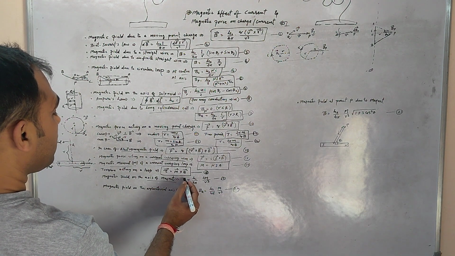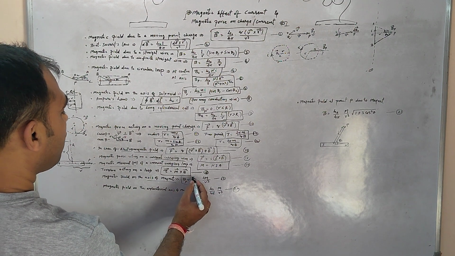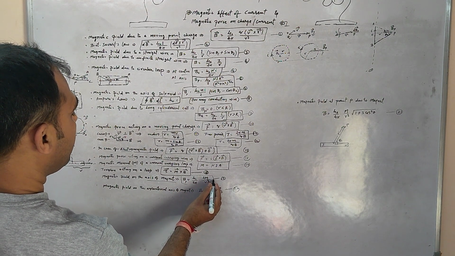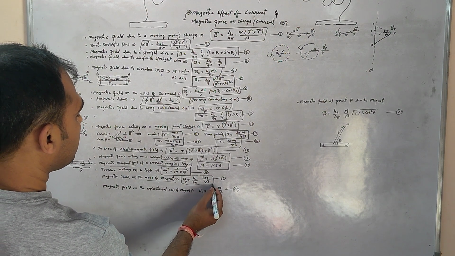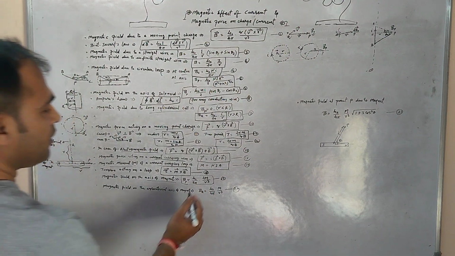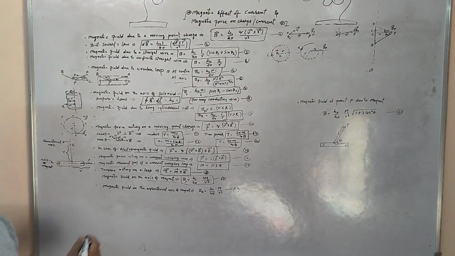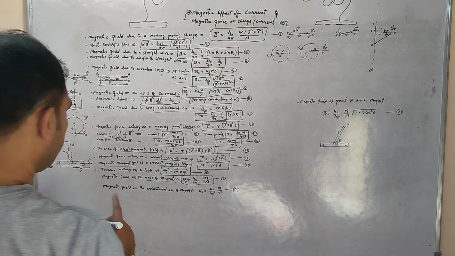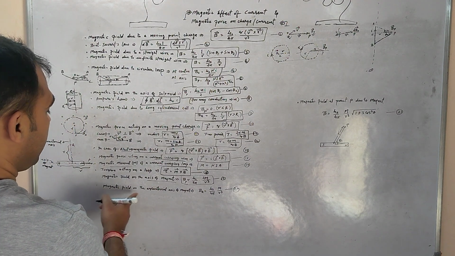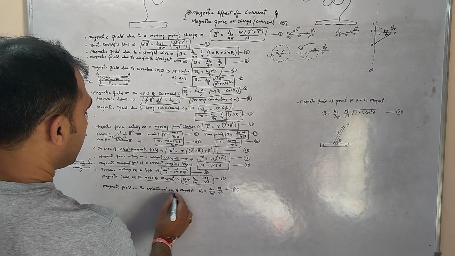So the magnitude of the magnetic field will be mu naught upon 4 pi, 2m by r cube. Now the magnetic field on the equatorial axis of a magnet.